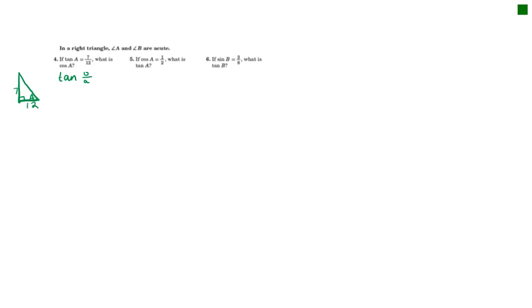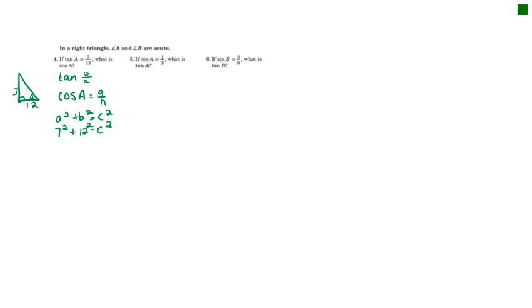All right, so we need to find cosine of angle A, which we know is adjacent over hypotenuse. So I need to know what the hypotenuse is. So I'm going to do the Pythagorean theorem to find that. A squared plus b squared equals c squared. Let's call a 7, and b is the other leg, which is 12, squared, to find the hypotenuse.